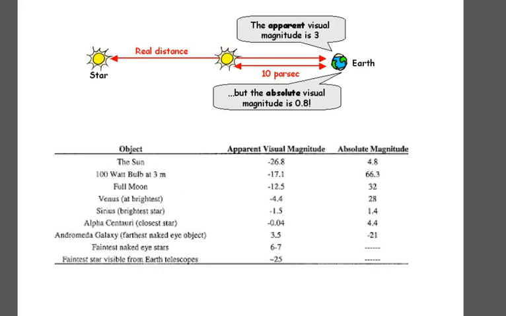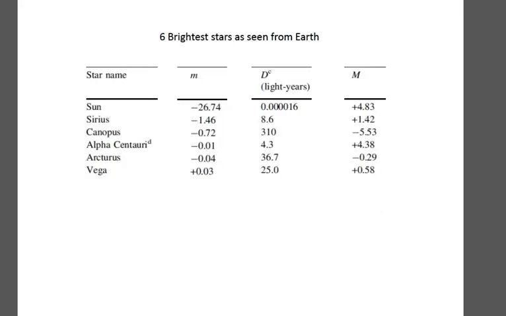For full moon, the apparent magnitude was minus 12.5, and this has a value of minus 32 absolute magnitude. Now this is the case for the 6 brightest stars as seen from the earth. I have shown you the values as well as the distance. Values for both apparent and absolute magnitudes have been given for Sun, Sirius, Canopus and Alpha Centauri, as well as Arcturus and Vega.